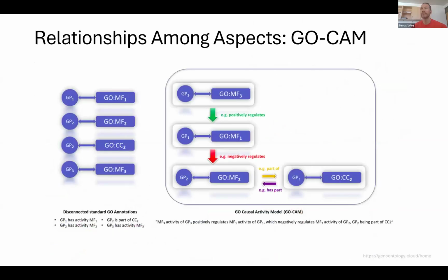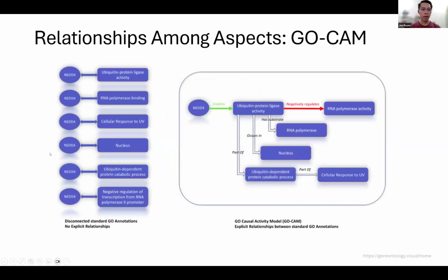If we take that further, in this example, we can take another set of ontologies named the relations ontology, RO, not GO. It's another set of ontologies that curate the names of the relationships and the evidence that goes into saying that this relationship exists between two different entities. For example, this gene NEDD4 can be annotated separately by these different GO annotation terms.